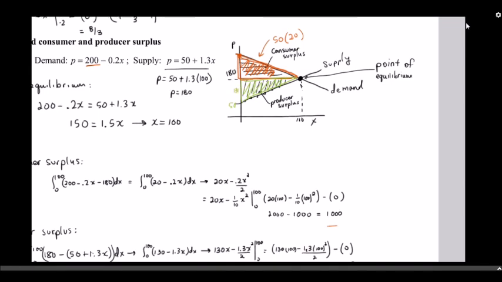And the length of the base is 100, so 1/2 base times height is going to be 1/2 of the base, which is 50, times the height, which is 130. And this gives you 6,500. So that's a quick and easy way to check answers for producer and consumer surplus, assuming that the demand and supply functions are linear.